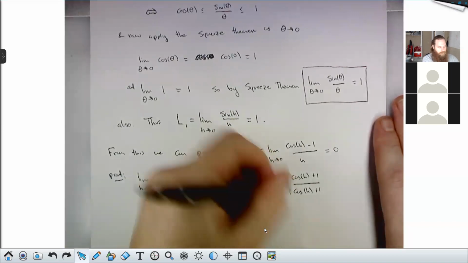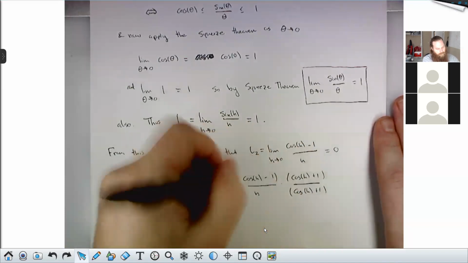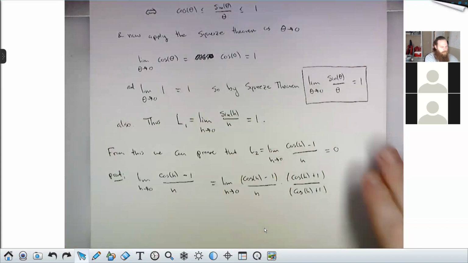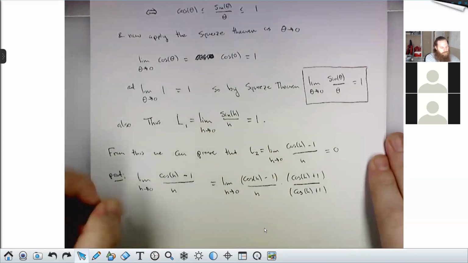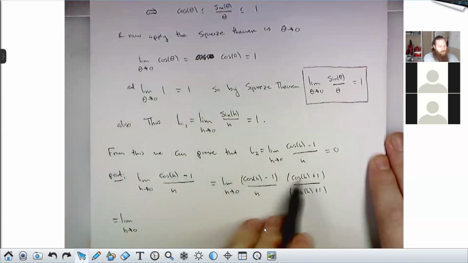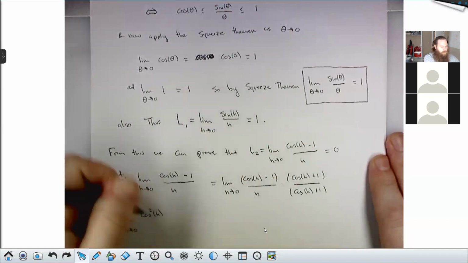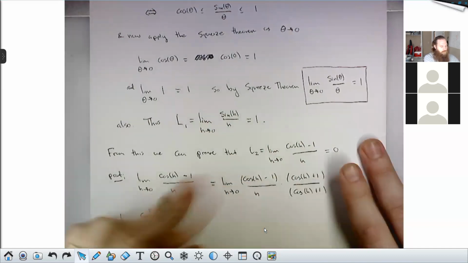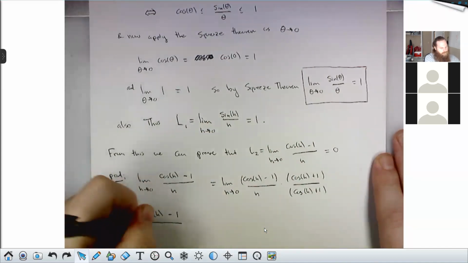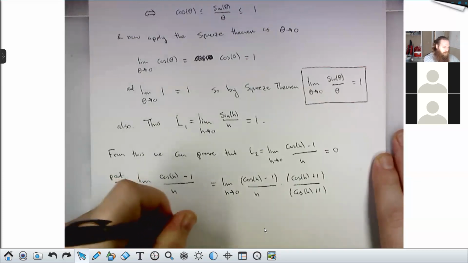And of course, we have to remember that the tops and bottoms of these fractions are always in parentheses. That's just implied by the fraction bars. And then I FOIL out the top. It's a lot like multiplying by the conjugate. Up here, I'll get cos squared h plus cos h minus cos h. Those cancel, minus 1. And then downstairs, I'll have h times cos h plus 1.